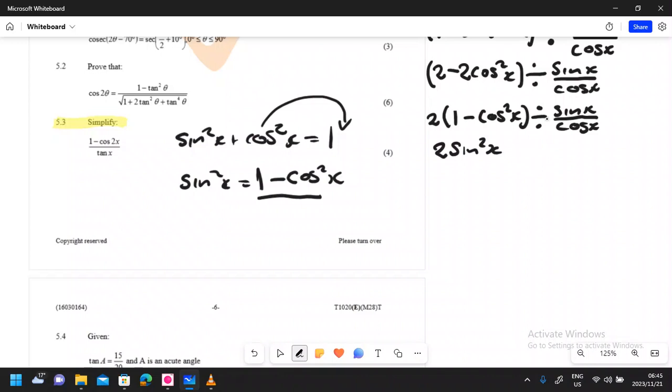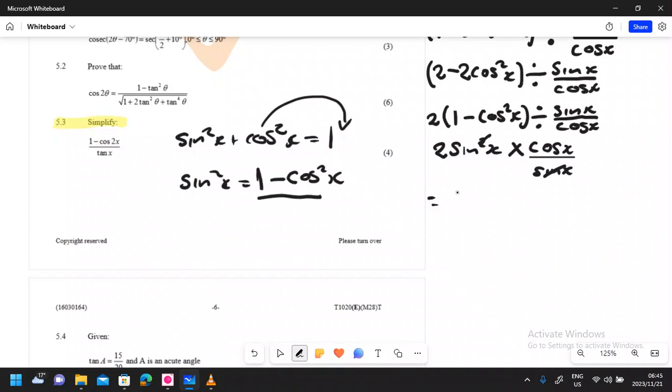And then from here we change the division to multiplication. What's going to happen when you change this division to multiplication? The cos becomes a numerator, and then sine x becomes a denominator. Now look, if we continue like this, this sine x and that square are going to divide each other.